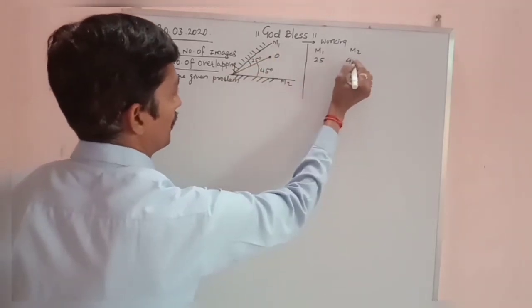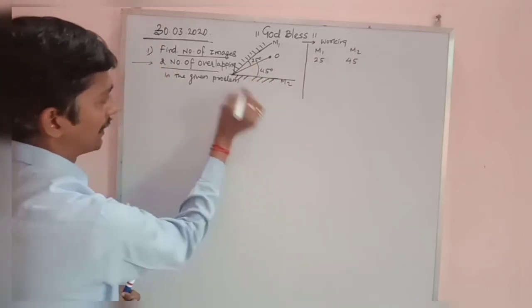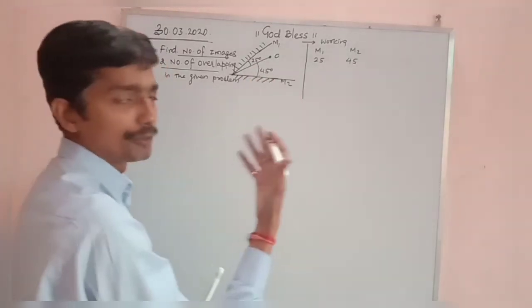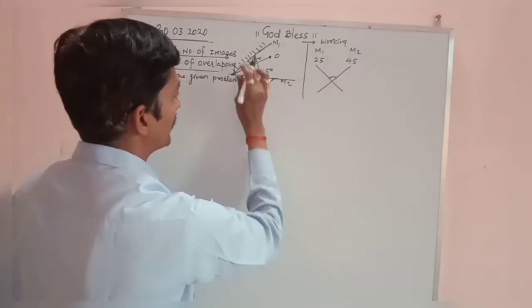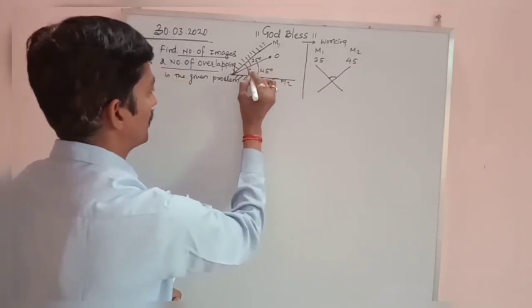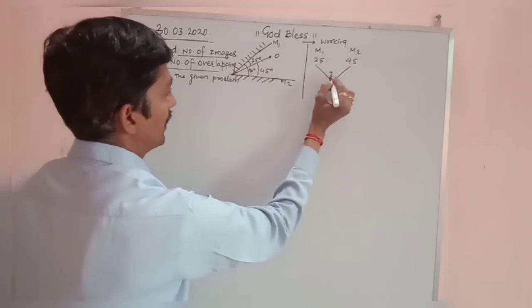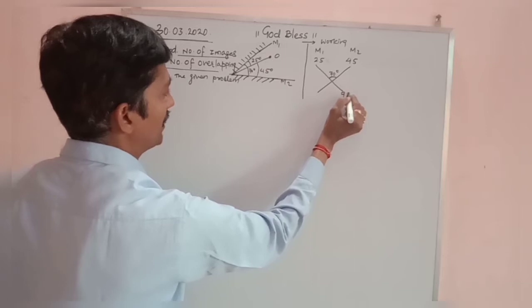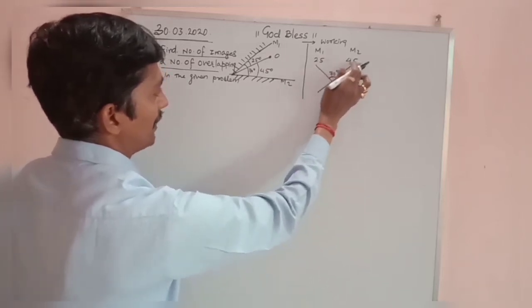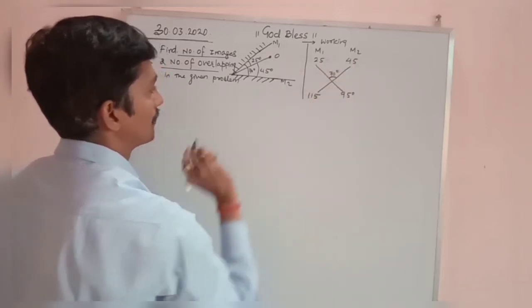By M2 it will make it at 45 degree on the other side. You know that, I should not repeat it. Then again, crisscross: the angle between these two is how much? You can count 70 degree. So here it is 70. Now 25 and 70 will give 95, and 70 and 45 will give 115.